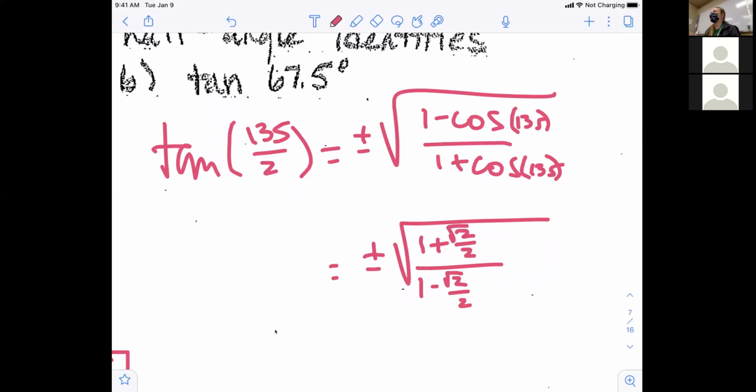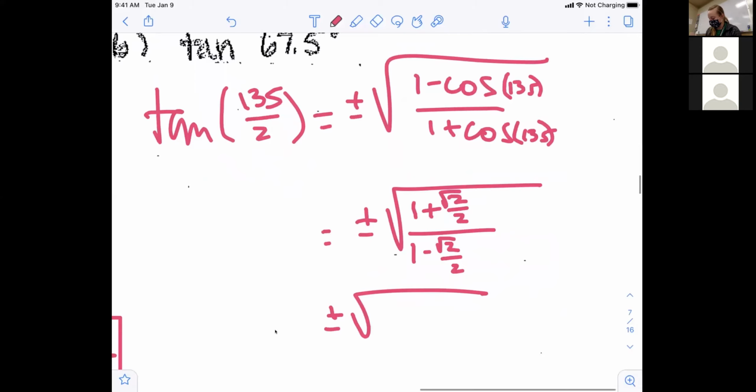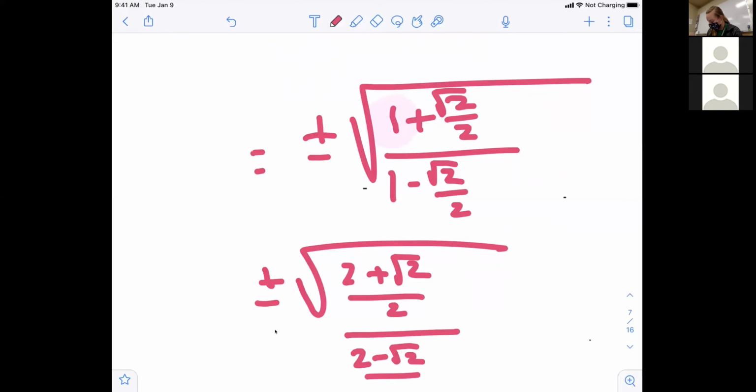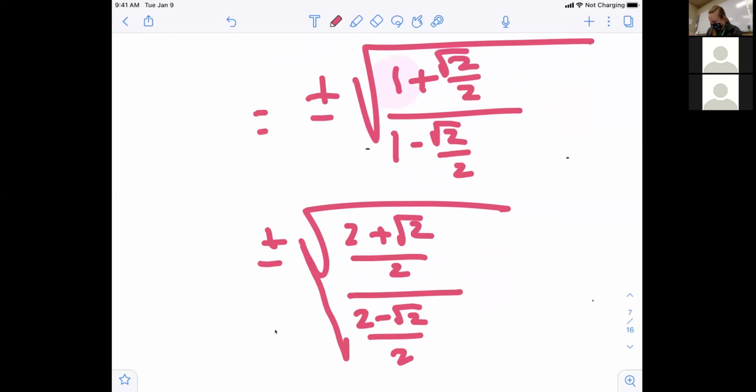I do want to go like we did with the other one where the numerator is all one fraction and the denominator is all one fraction. Again, it's going to be pretty ugly in a second, but that's going to be okay. So again, 1, if I want that to have a denominator of 2, it's going to be 2 over 2. So I've got 2 plus root 2 over 2 on top, and then 2 minus root 2 over 2 on the bottom. My radical needs to go all the way down.